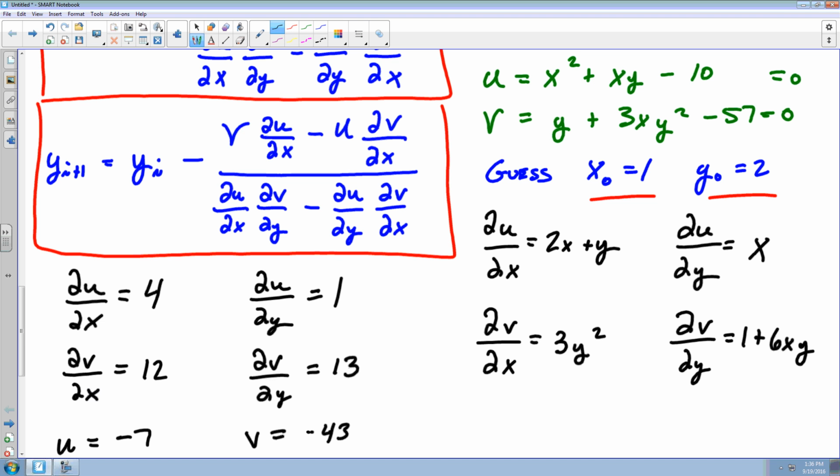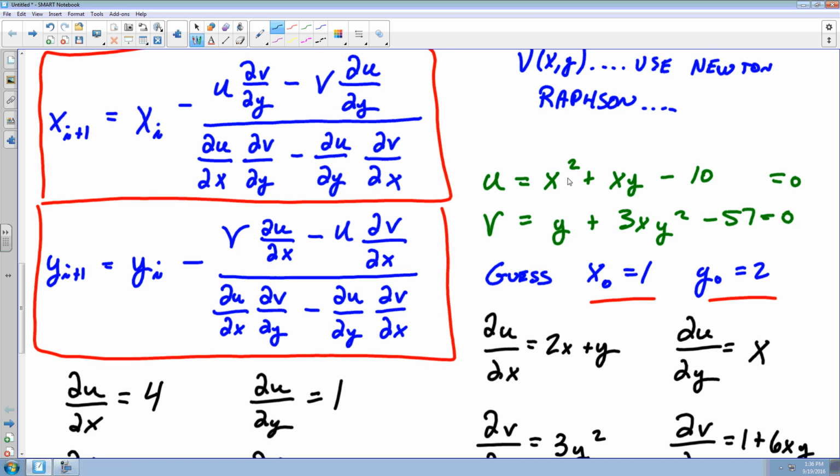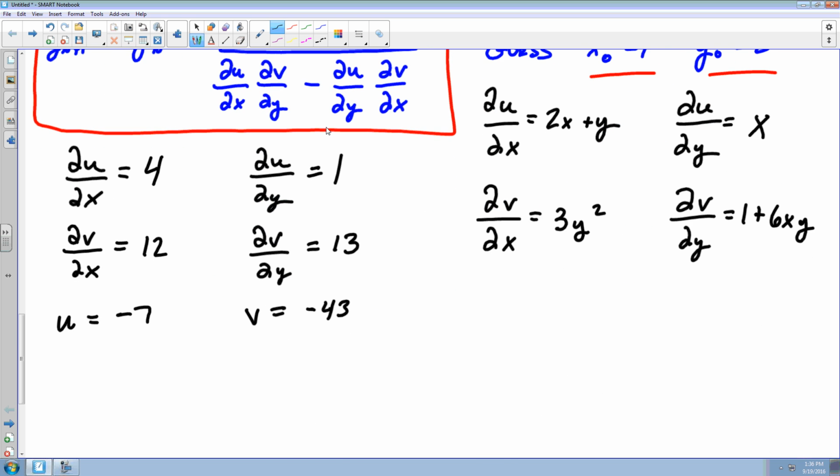Okay, good. So now the rest of this is what we call plug and chug. Okay, right? And what we do is we plug and we chug because we just got to put these all in. So let me write it out. X to the i plus 1. I guess you could call this really, if you really want to be honest, this is really x1. x1 is equal to x naught.